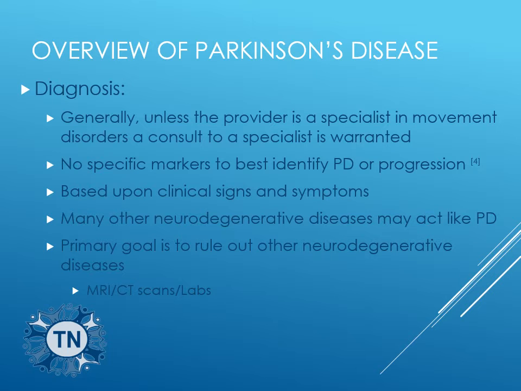Part of the problem is that many other neurodegenerative diseases may act like Parkinson's disease. So one of the primary goals with diagnosis of Parkinson's disease is to rule out other neurodegenerative diseases. This can be helped by MRI scans, CAT scans, as well as labs, in addition to frequent neuro checks.